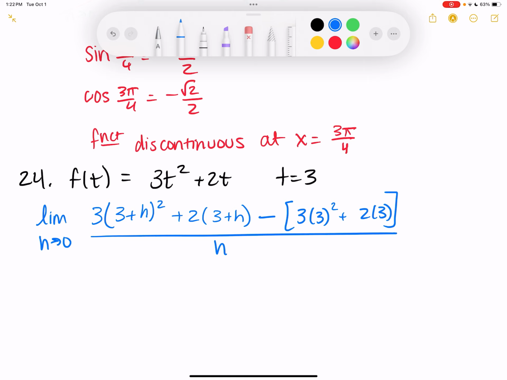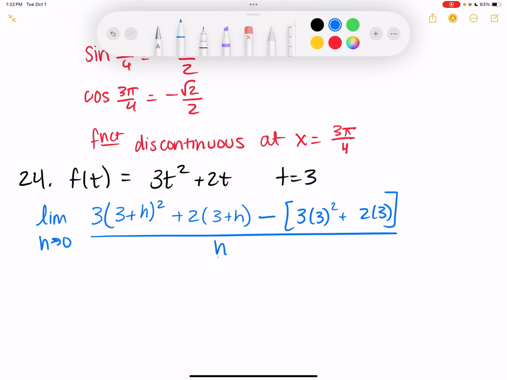So I have 3 times (3 plus h) squared, that's the first part, plus 2 times (3 plus h), that's the second part, minus f of a, so that's evaluating this function at 3. I'm just plugging 3 in directly. That's this part, and then all over h, which it'll always be. Just remember that t equals a.